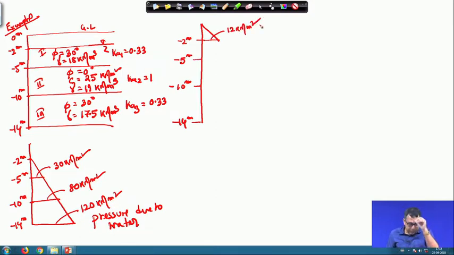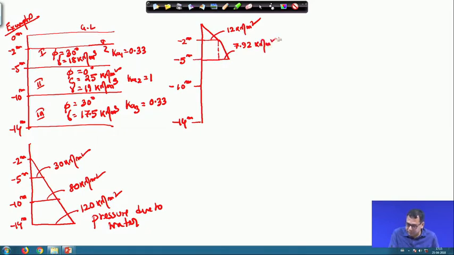Okay. So, now the change will come at the 5 meter level. At 5 meter, this will continue because we are considering the same soil layer, and this will be the earth pressure due to the first layer below the water table. So, this value as usual is 7.92 that we have used for the previous problem.